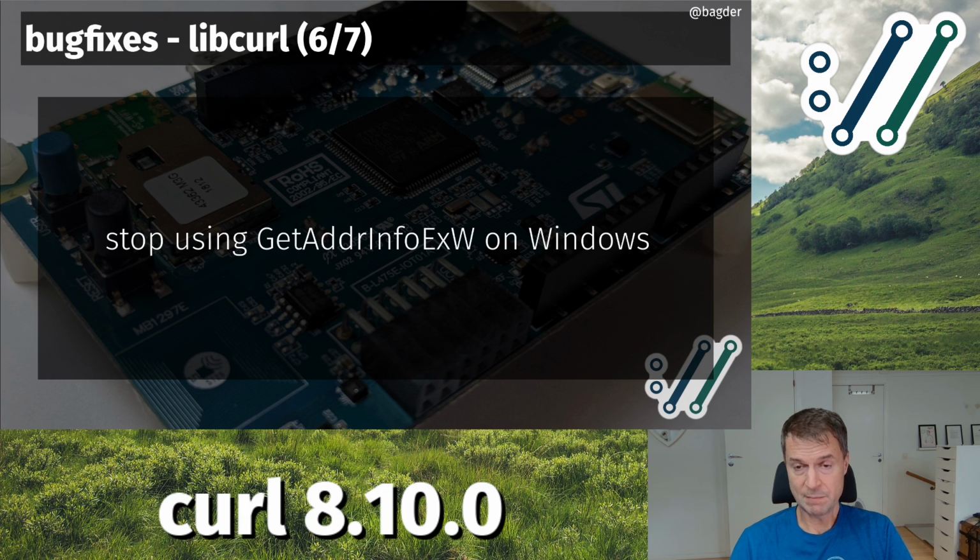We have stopped using the GetAddrInfoExW on Windows. And what is this, you may ask, and why? So a while ago, a couple of releases ago, not too many, maybe 3-4 releases, we switched the default curl build on Windows to, instead of using the threaded resolver, use this asynchronous resolver available in a certain range of Windows versions, because then we don't have to create new threads.